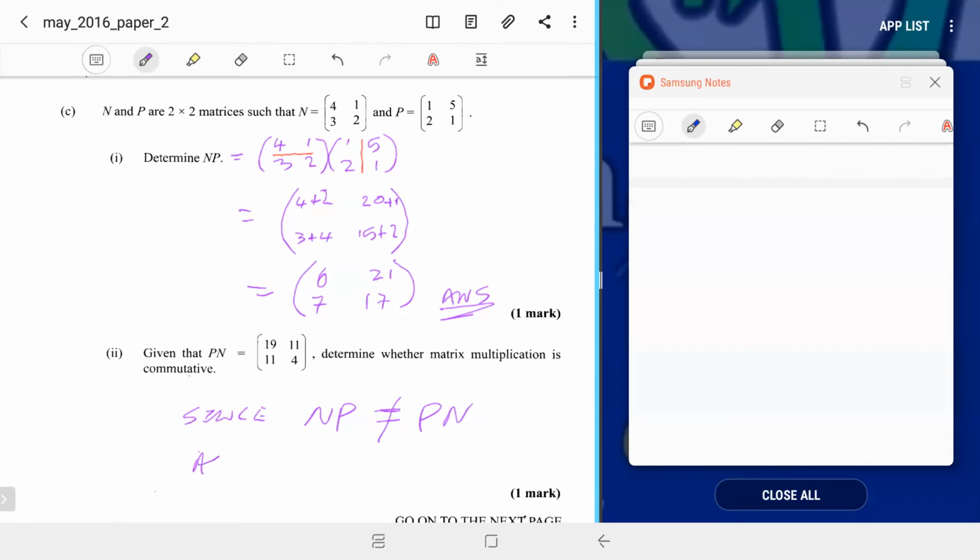So the answer is that it is non-commutative, or not commutative. Same thing.